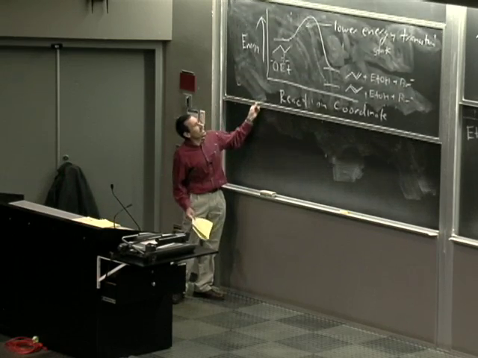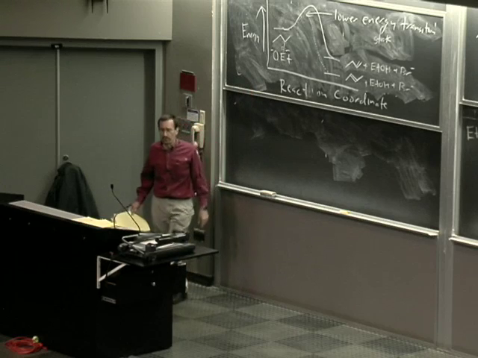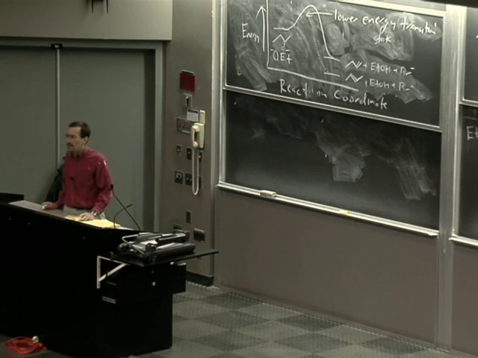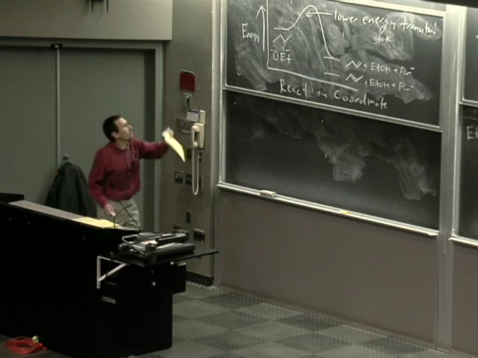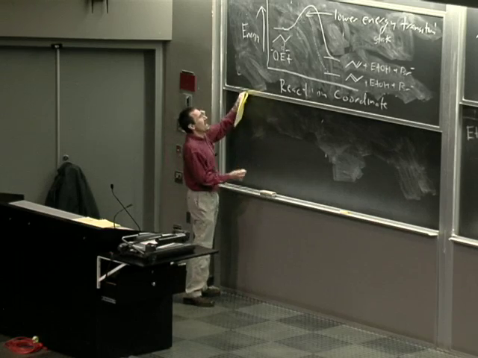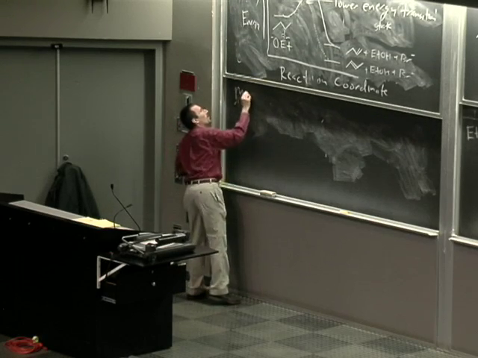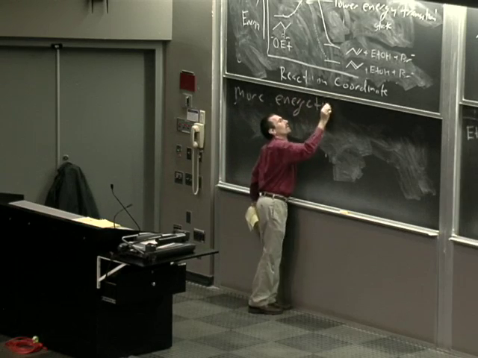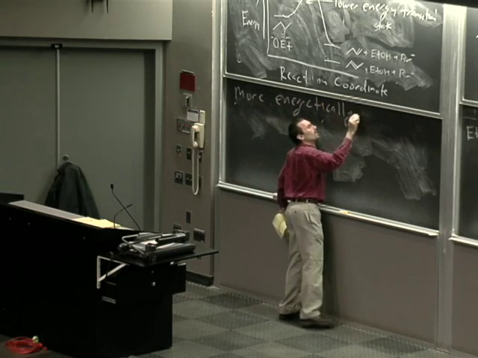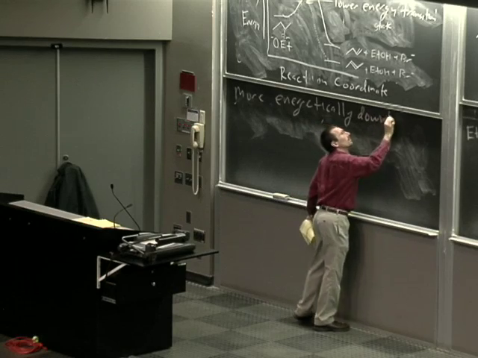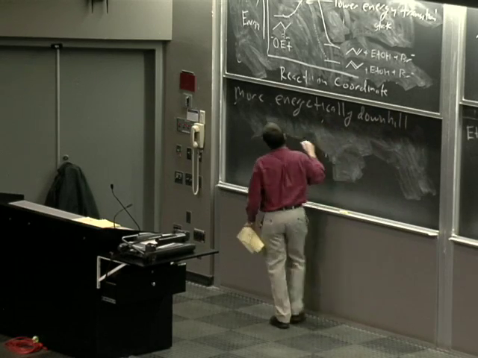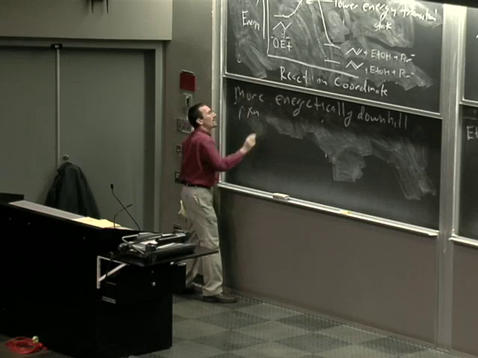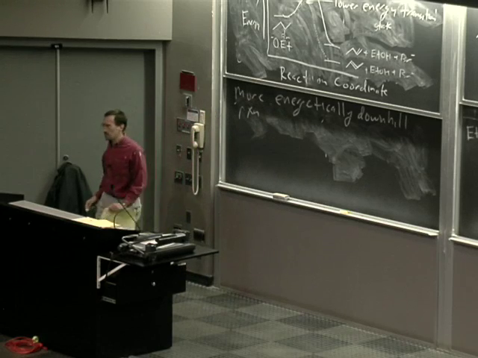The other thing, and I think again almost intuitively it becomes apparent when I make a diagram like this, is that the more energetically downhill reaction, the reaction that I've drawn with the dotted line, has an earlier transition state.